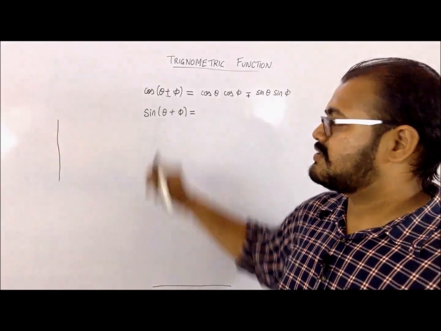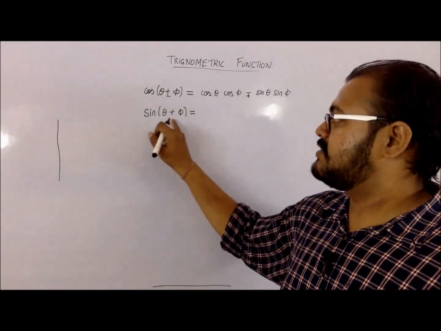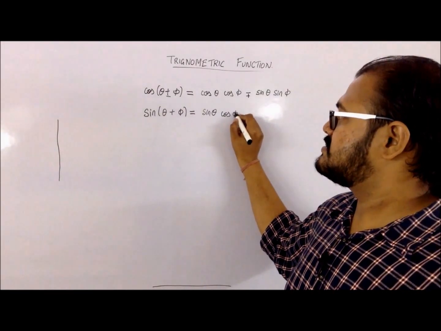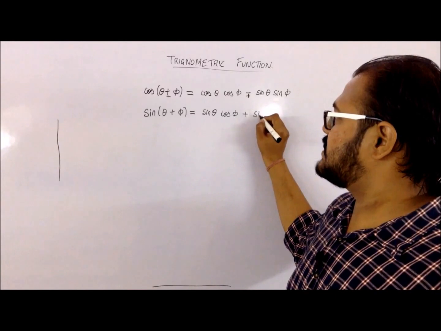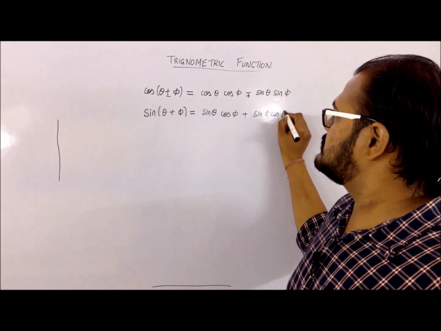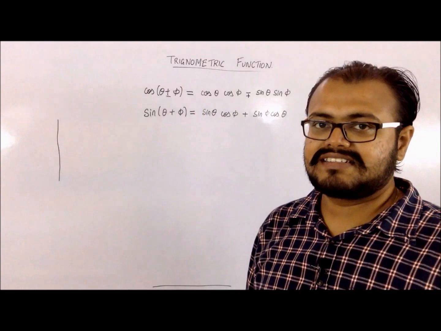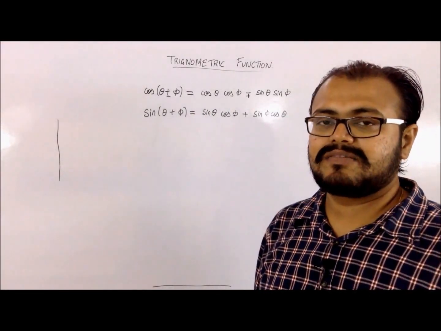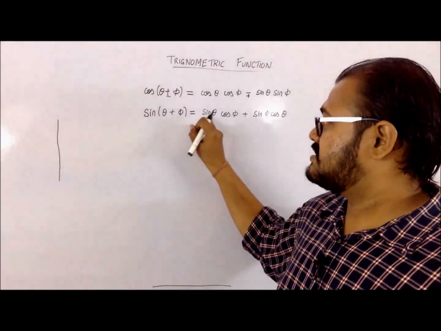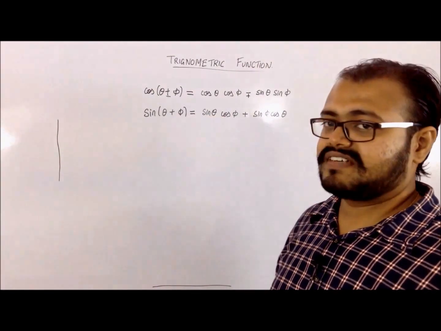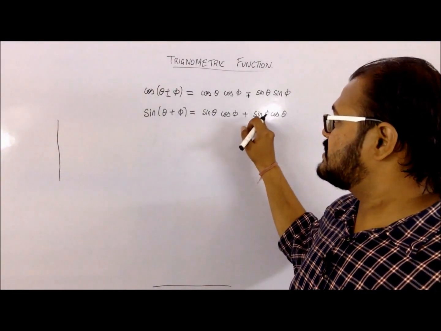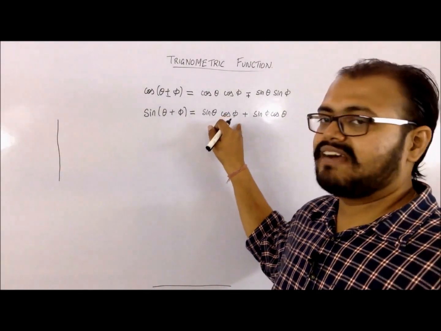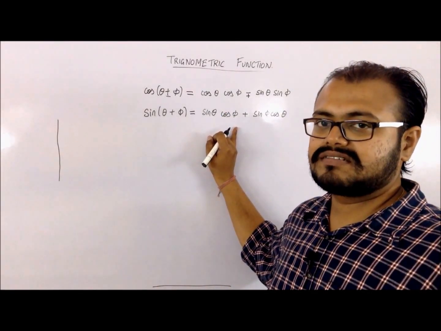Let's see sine. The sine of the addition of two angles gives sine theta cos phi plus sine phi cos theta. If you observe, sine addition is a combination of the angles with the trigonometric functions: sine theta and then cos phi, with the angles changing between them, and the sign in between is positive.